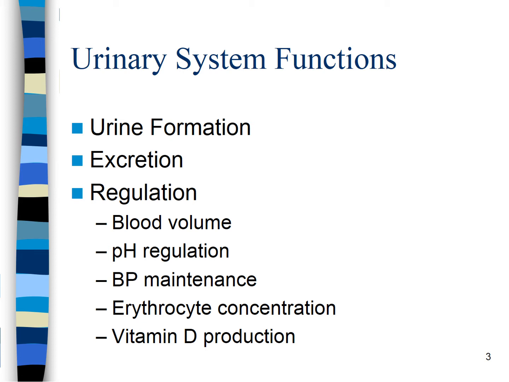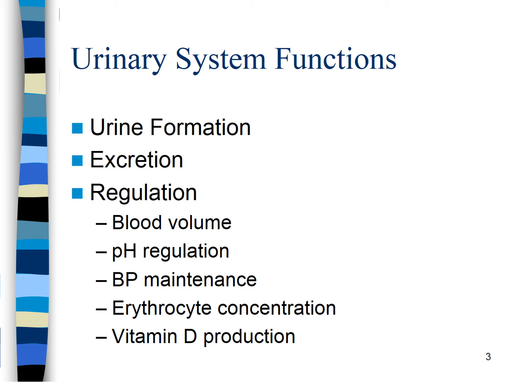There is blood pressure maintenance. It secretes the enzyme renin when blood pressure decreases to help increase your blood pressure. And there is also erythrocyte concentration. Erythropoietin is produced in the kidneys and is released in response to decreased oxygen in the renal blood supply.